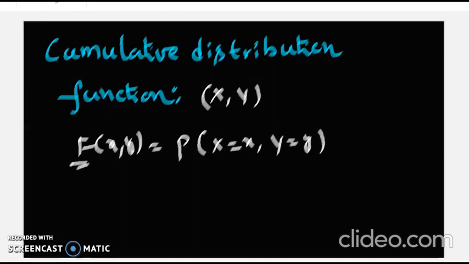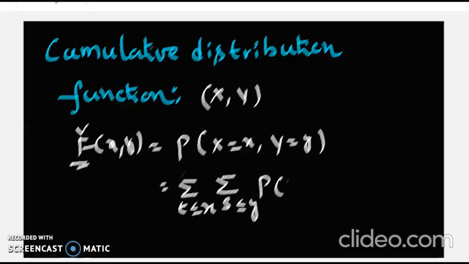Capital F of x comma y indicates the probability distribution function. So it has the formula: in the two-dimensional case, summation over t less than or equal to x and summation over s less than or equal to y of the probability of t comma s.